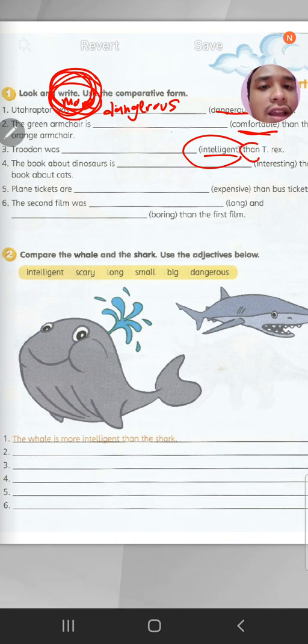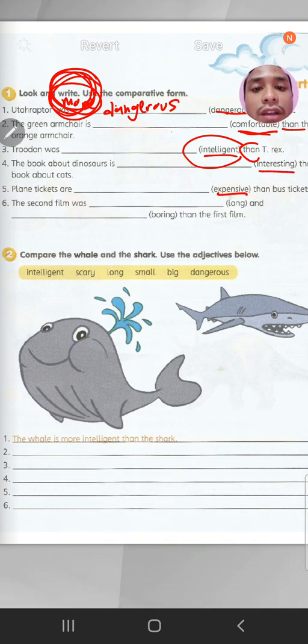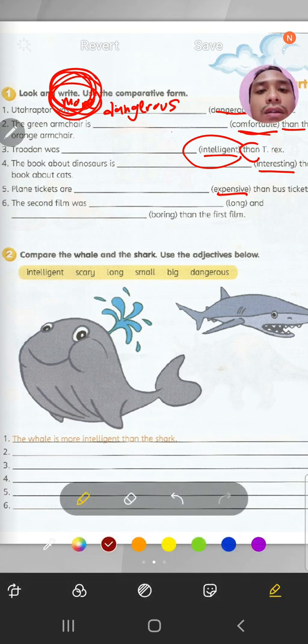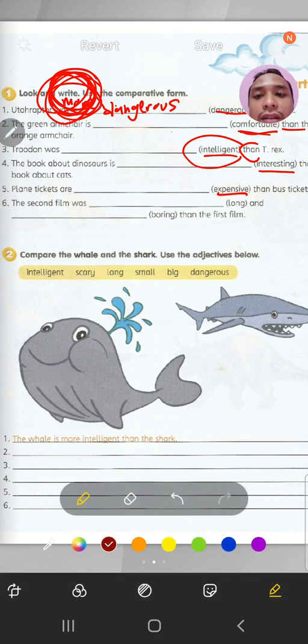Ada then tak? Ada then. So, tak perlu tulis then dah. Okay, number 4, interesting. Again, it's a long word. Panjang juga. Expensive. Also, it's a long adjective. Panjang juga adjective ni. So, nampaknya 1 until 5 semua awak tambah kat depan dia.